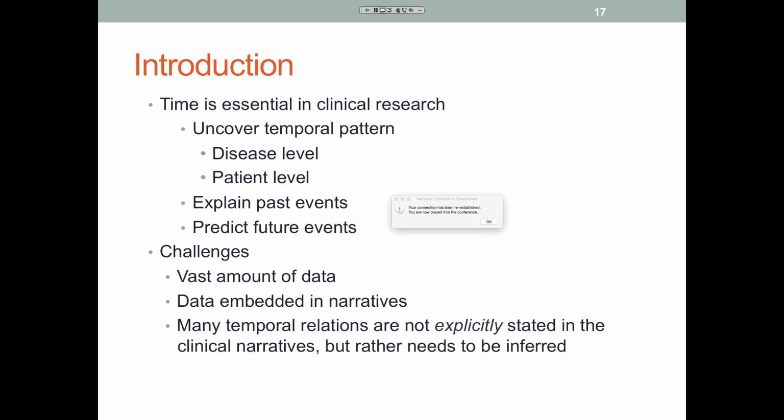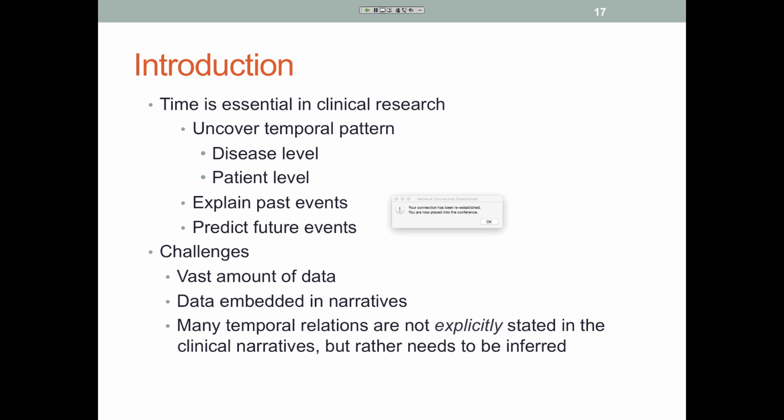Basically, what we want to do here is see the temporal patterns at both the disease level and the patient level, so that we can explain why a disease happened or predict future events, such as adverse events. We want to do it at different levels of granularity.